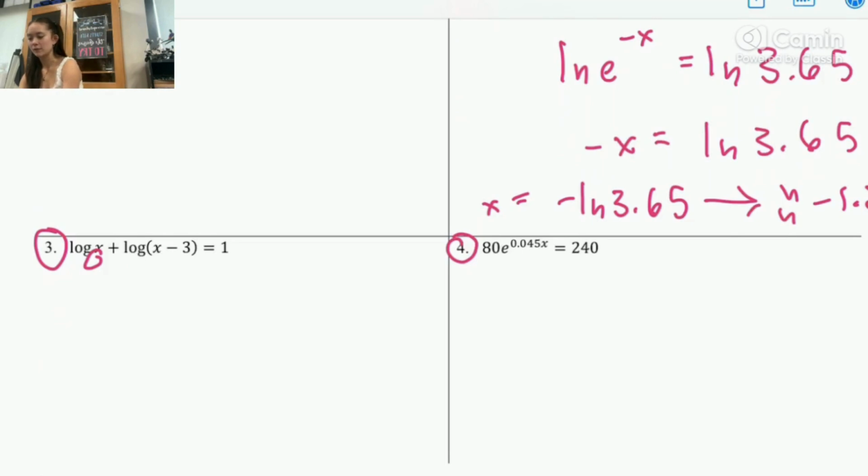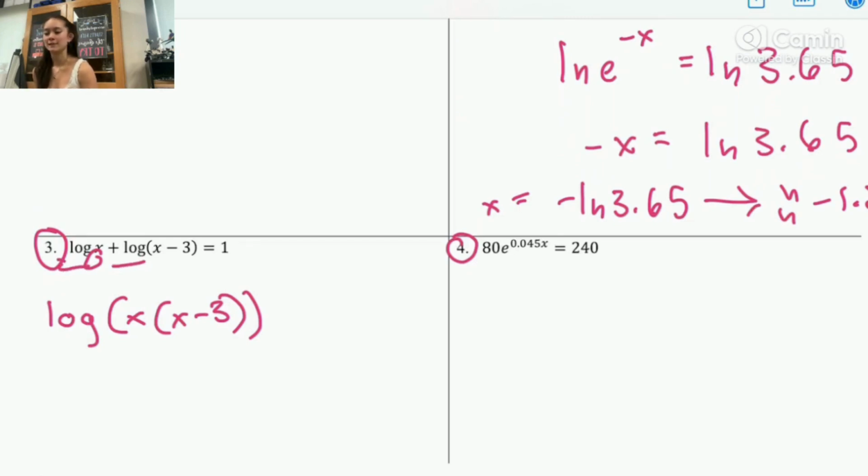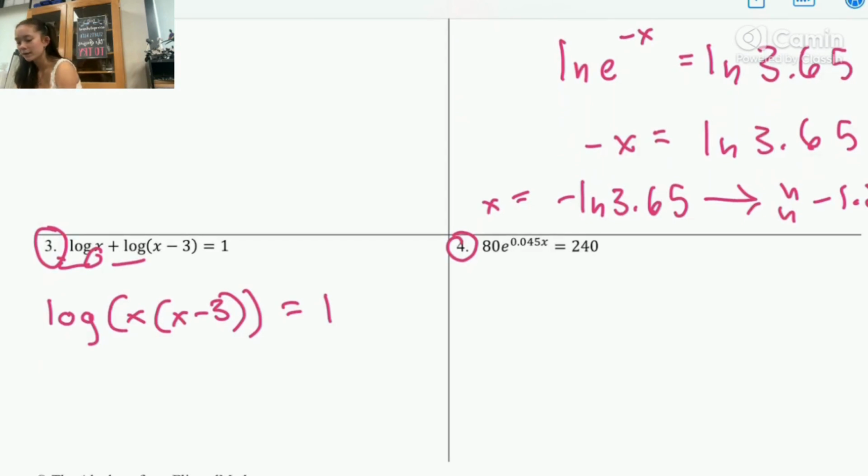So, you're going to take out the log and do log, and then in parentheses x times x minus 3, because now you've taken the log out of both this part and this part, and then that'll leave you with just what's in the parentheses, so you can take that out. And when you multiply those two together, it'll be log x squared minus 3x equals 1.